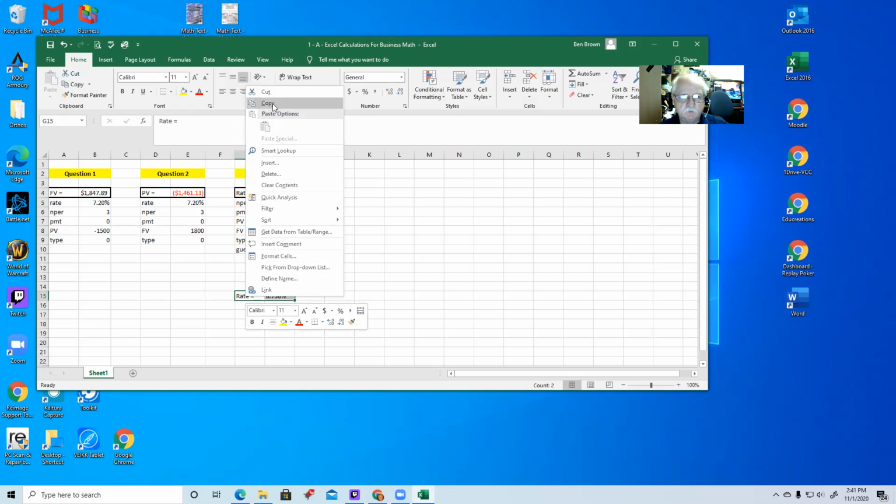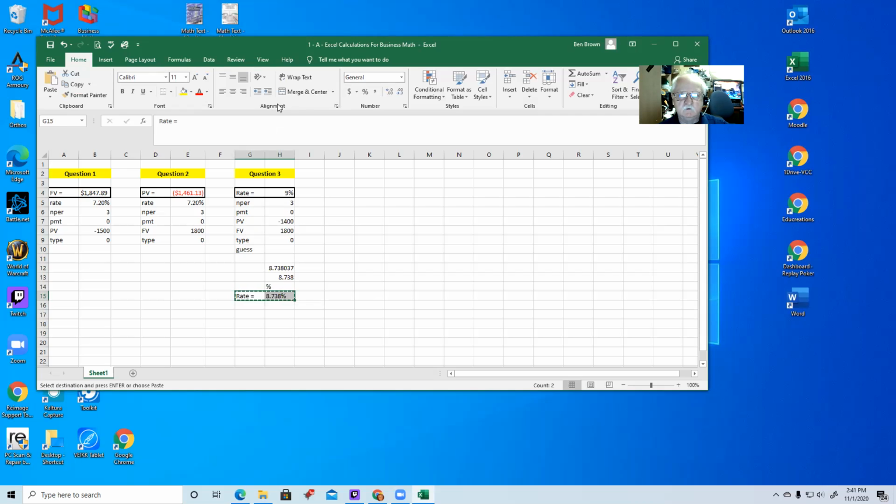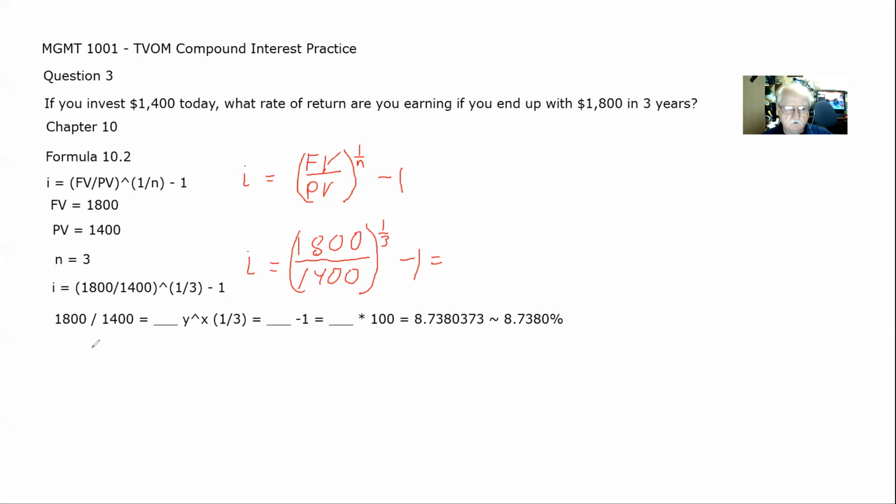So let's copy that. Let's go back to new share, whiteboard, and go up to text here and put an answer in. Control V. And we're good with that. 8.738. Excel ignored the 0, which is perfectly reasonable.